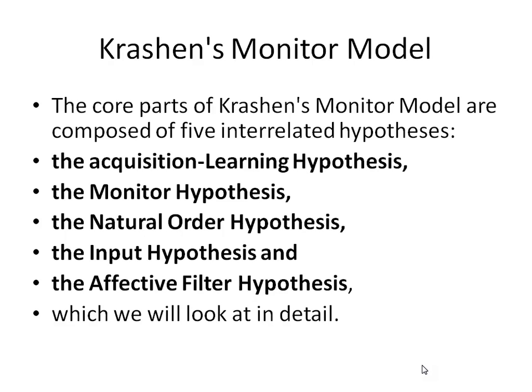If anybody wants to learn a language, he or she has to start from the natural order. Krashen said that this order is quite similar for every language. If you want to learn English, you have to start with the alphabet, and then words, then sentence structure, like that.